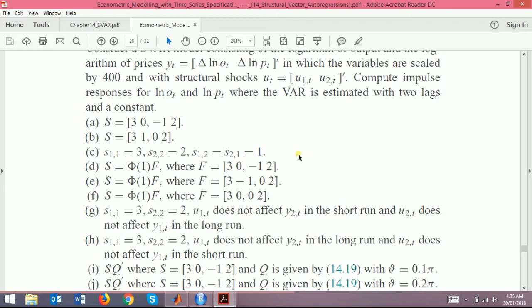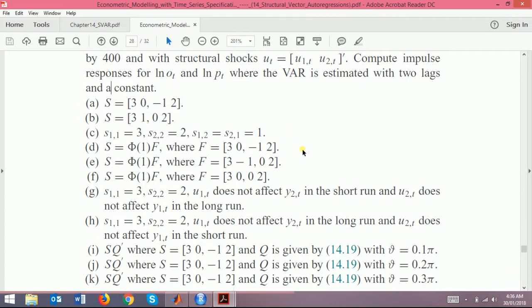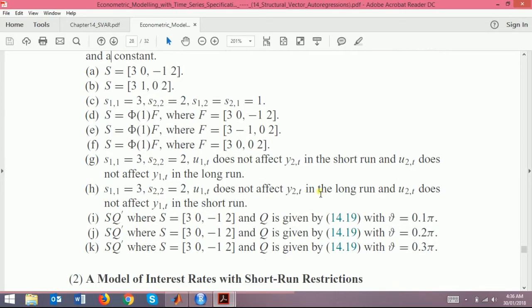Then S11 is 3, S22 is 2. u1t does not affect y2t in the short run, and u2t does not affect y1t in the long run, so non-diagonal elements will be 0. S11 equals 3, S22 equals 2. u1t does not affect y2t in the long run, and u2t does not affect y1t in the short run. The non-diagonal elements will be 0.